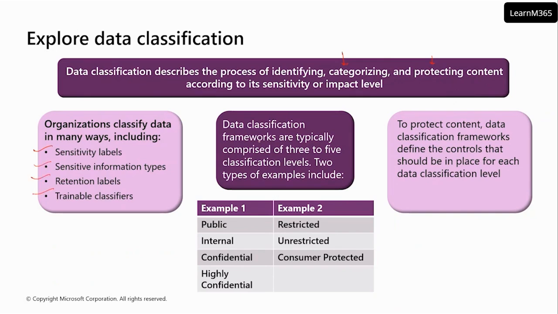Data classification frameworks are typically comprised of 3 to 5 classification levels: public, internal, confidential, highly confidential. These are the examples, right? And to protect content, data classification frameworks define the controls that should be in place for each data classification level.